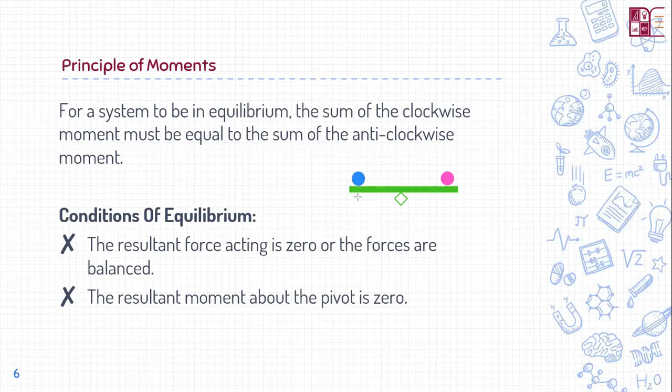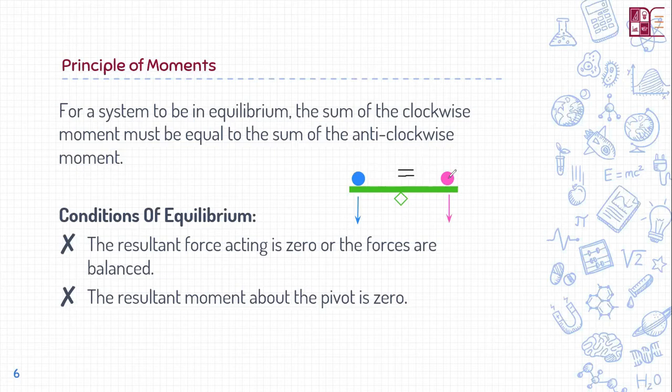This one is putting a force right here, and the other one is acting towards this side. When both of these forces are equal, then we can say that this beam is in equilibrium. These both forces have to be equal to each other.